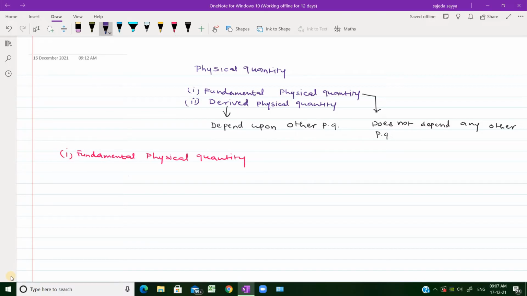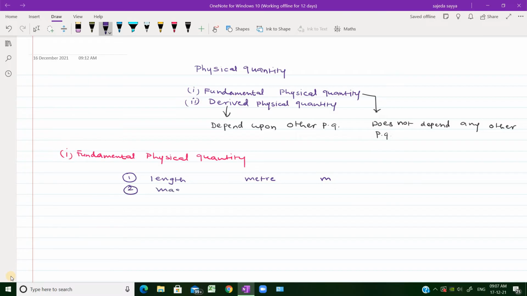First quantity, length. The unit used for the measurement of length is meter. Its symbol is small m.